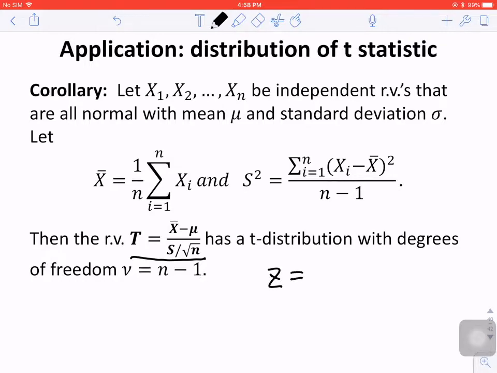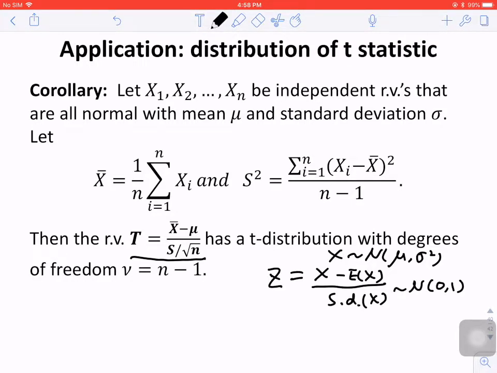If you recall, the way that we define a z, right? Say we have x following a normal distribution. How can we convert this general normal random variable x into a standard normal z? We use x minus the expectation divided by the standard deviation, which follows a standard normal distribution. That is to say, x minus mu divided by sigma.